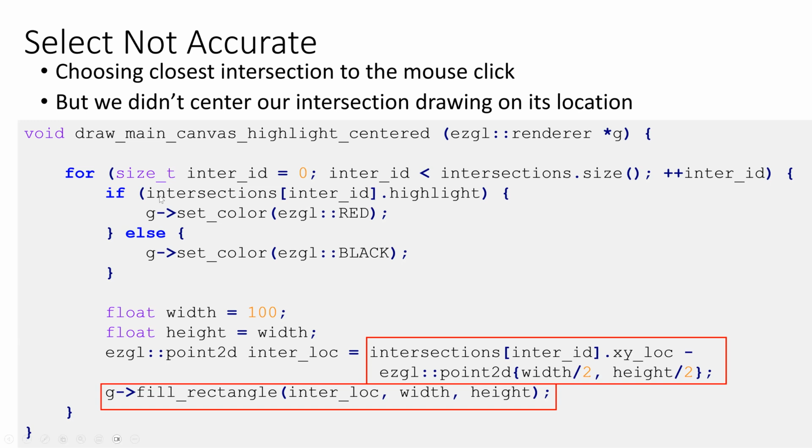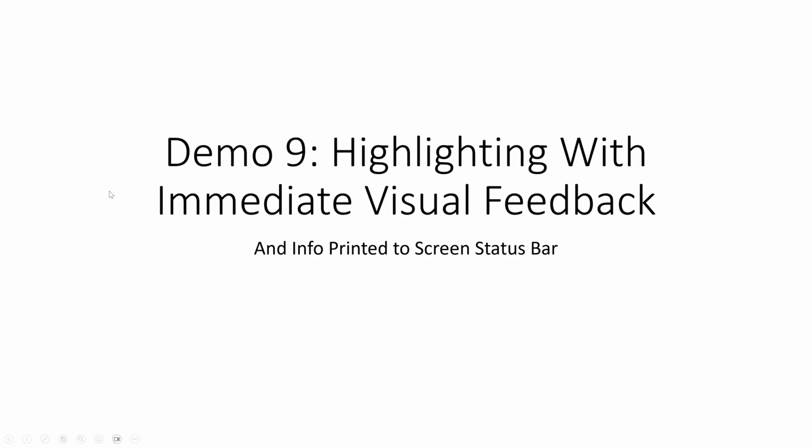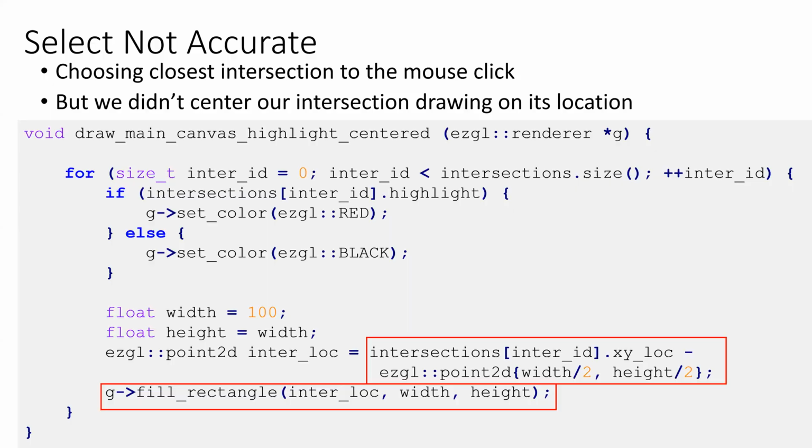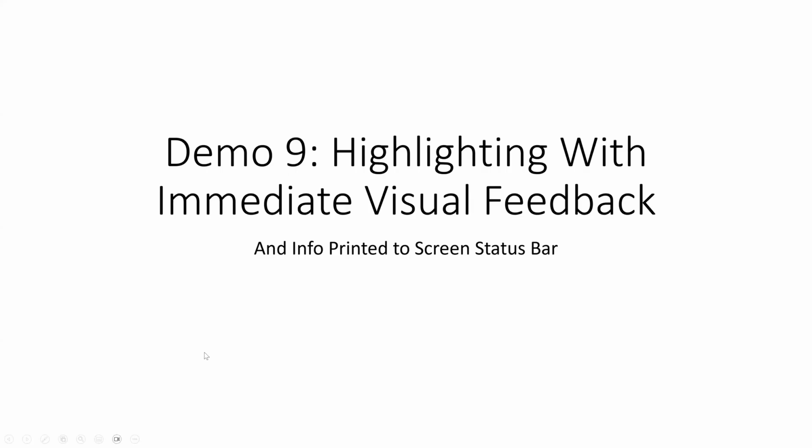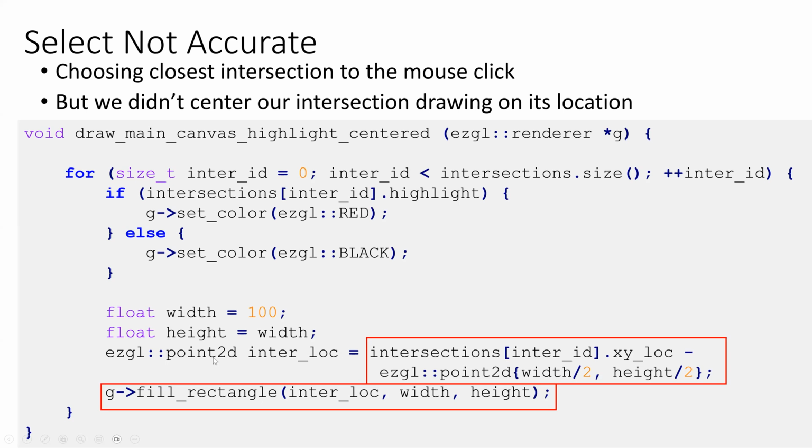There's one last issue, okay? Because I didn't show you this, but the selection is actually not very accurate, okay? So if I go in and I show you where I click, you're gonna find that I sometimes kind of get the intersection that's next to me, okay?